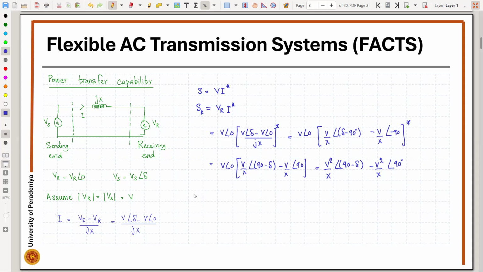Now using this we can find out what would be the active power at the receiving end. So we get V squared over X cos 90 minus delta, V squared over X cos delta. I think I made a mistake. Let's see.